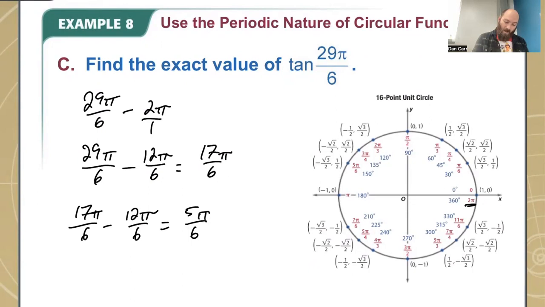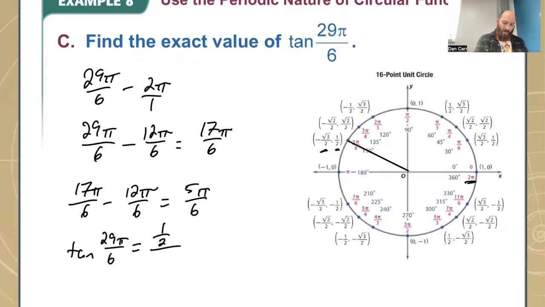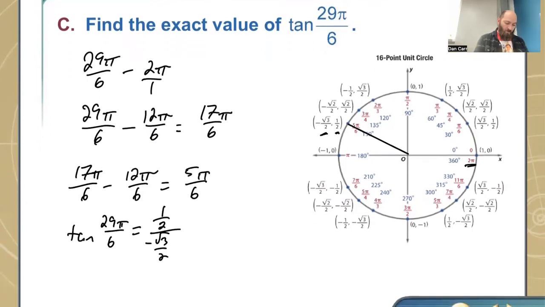So now I can find that my unit circle is right in this position here. That means the tangent of 29 pi over 6 is going to equal the y divided by the x. So 1/2 divided by negative root 3 over 2.